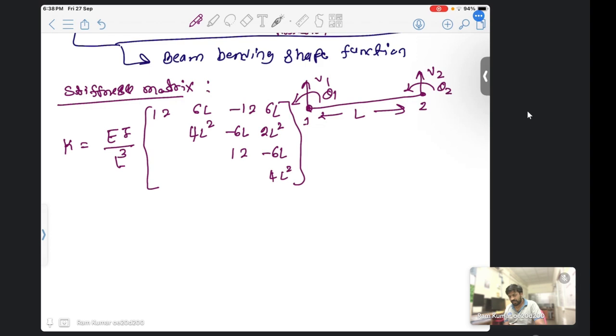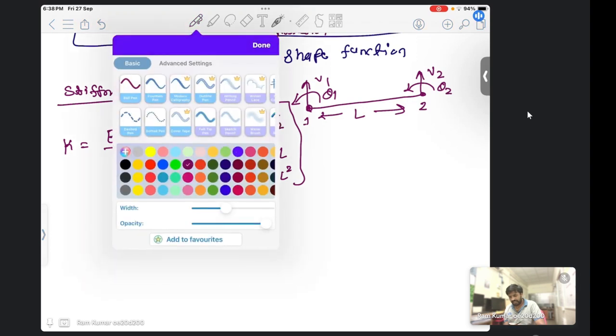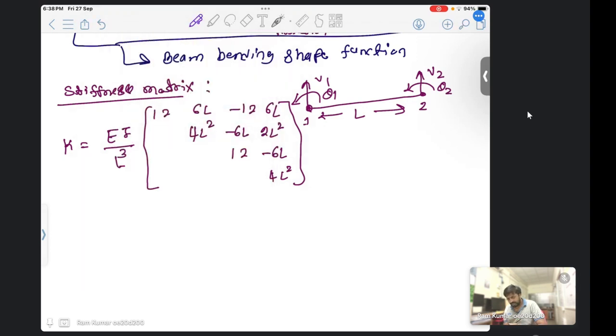I wrote only one side, and this will be symmetric. So it will be a 4 cross 4 matrix for this type of element, a two node beam element.